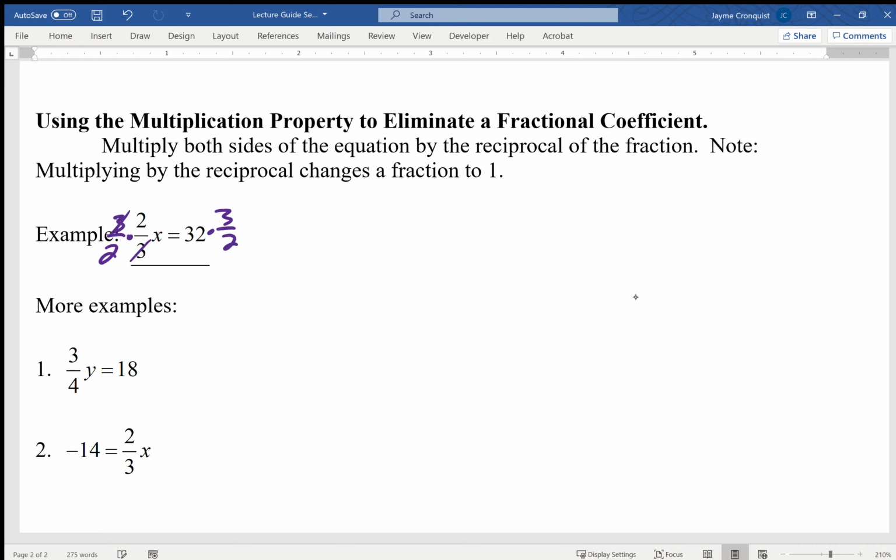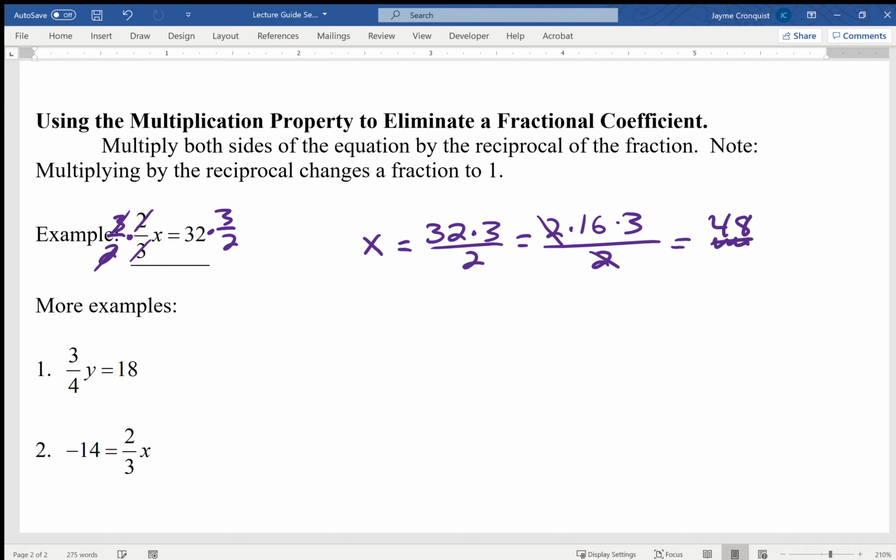Because the 3's would cross out and the 2's would cross out, leaving me with x equals 32 times 3 over 2. Well, 32 is 2 times 16. So I have 16 times 3, which is 30 plus 18, or 48.